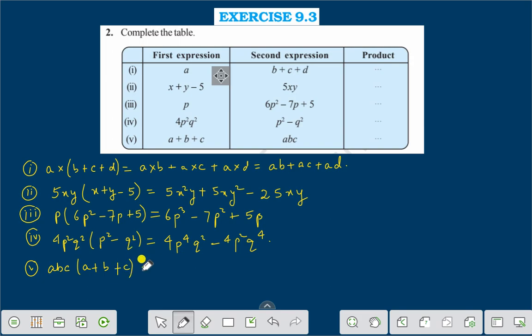Therefore we are getting A into A square BC, A square BC, plus AB square C plus ABC square. Right? This is the result. Therefore we have given here the product. Here also this is the first expression, second expression, multiply and got the result.